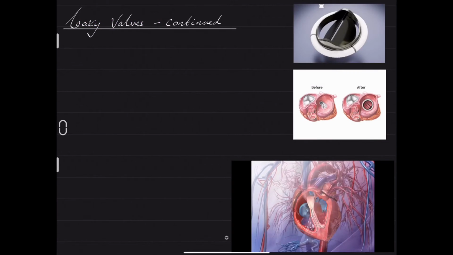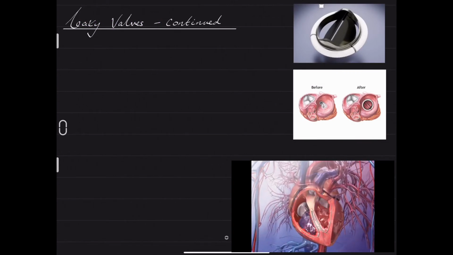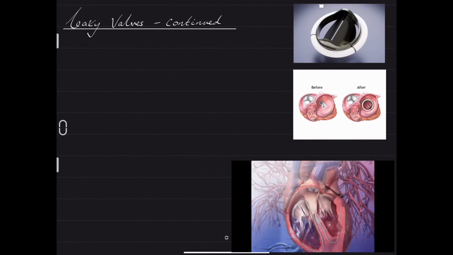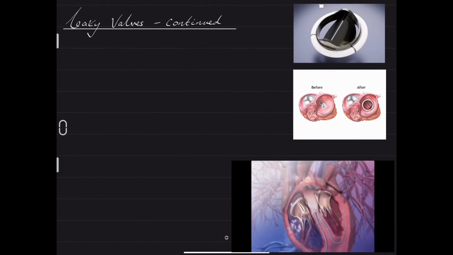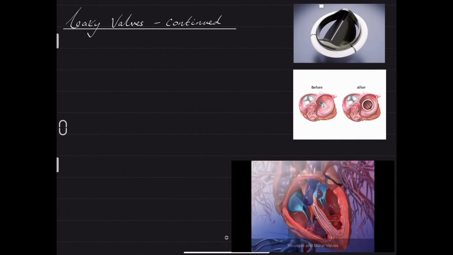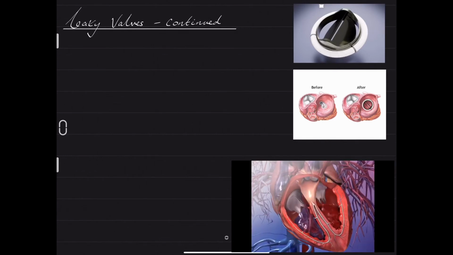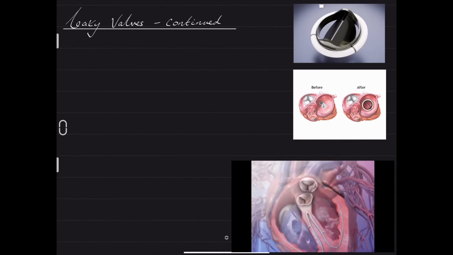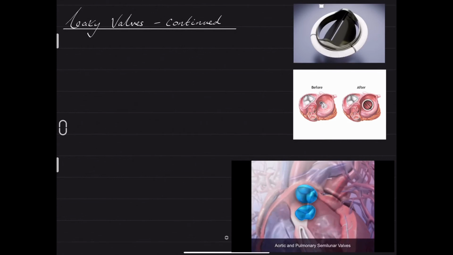Continuing with leaky valves, doctors can replace a faulty heart valve with a mechanical valve, and mechanical valves tend to be made of titanium and other polymers. Can we put down this point: leaky valves can be replaced by mechanical valves.